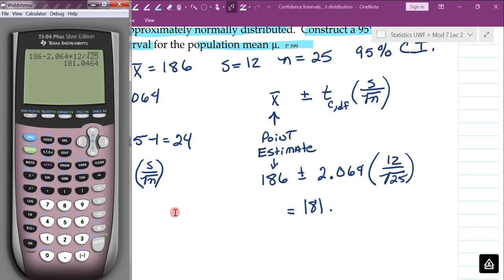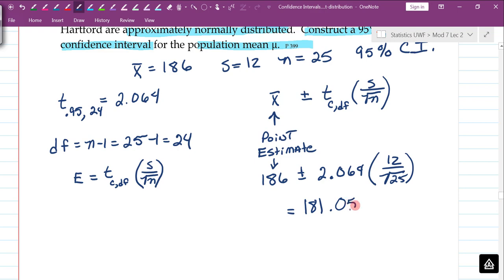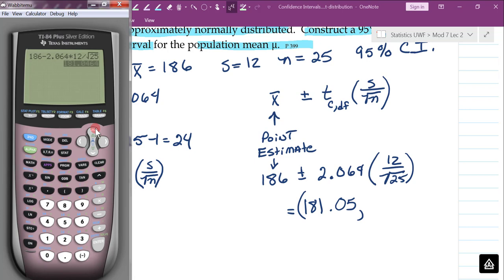0.064, we'll just go to 2 decimal places, and so that will be 0.05. So we're going to put a parentheses right here, a comma, and now we're going to calculate the upper bound. Like I taught you before, you can go up 2 clicks, that'll now be highlighted, hit enter.